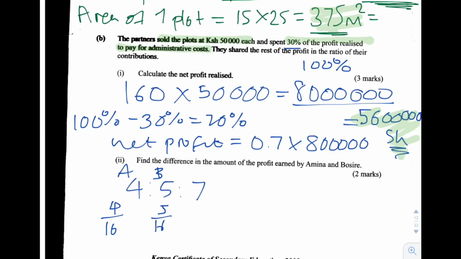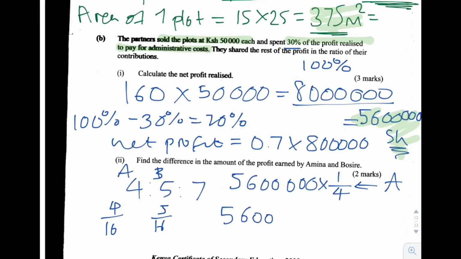So we know that the amount earned in profit by Amina is 5.6 million times 4 over 16, which is the same as a quarter. So this is the amount earned by Amina, and the amount earned by Bosire is the same as 5.6 million multiplied by 5/16.